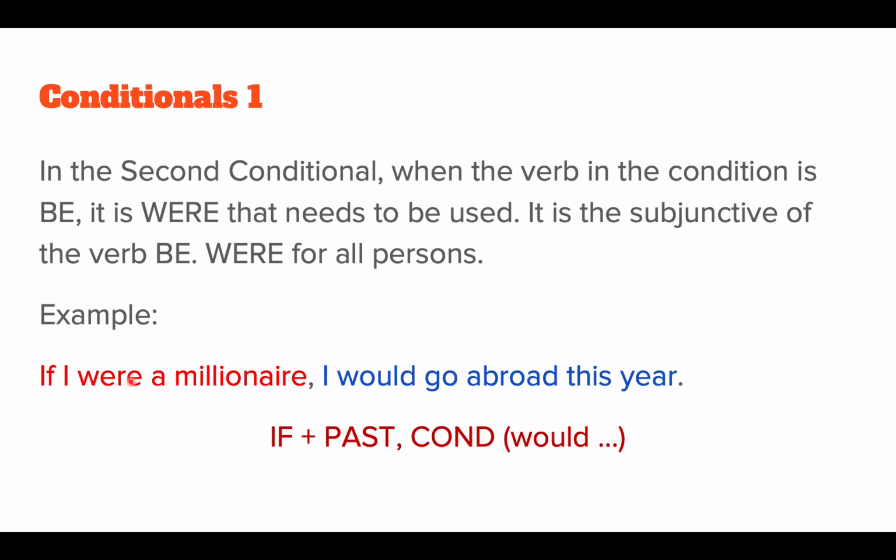Se eu fosse, se tu fosses, se ele fosse, se nós fôssemos, se vós fôsseis, se eles fossem. You see, Portuguese is much more complicated. You have a lot more varieties, a lot more conjugations, right? Different verb forms than in English. English is much simpler. Yes?